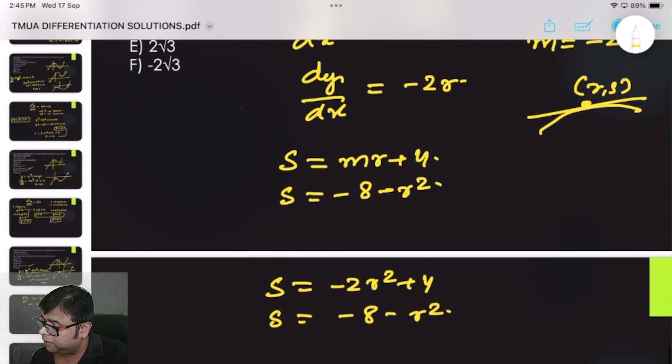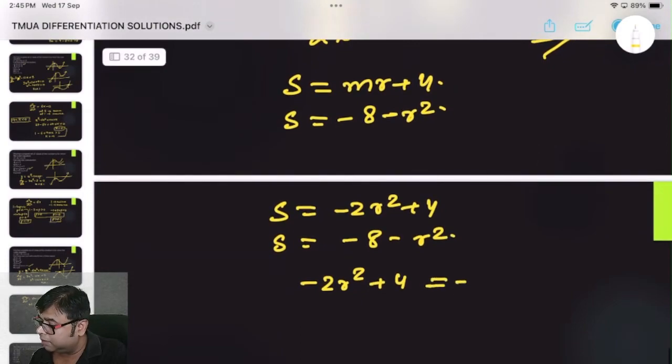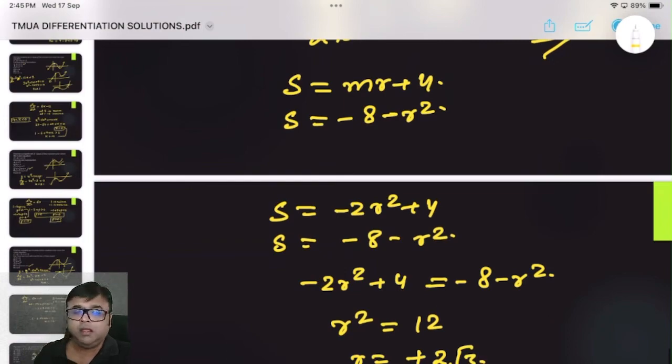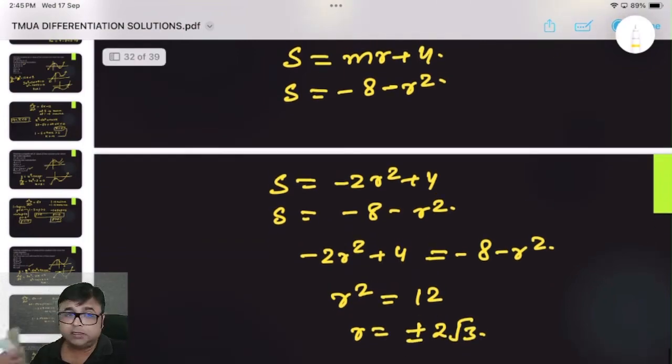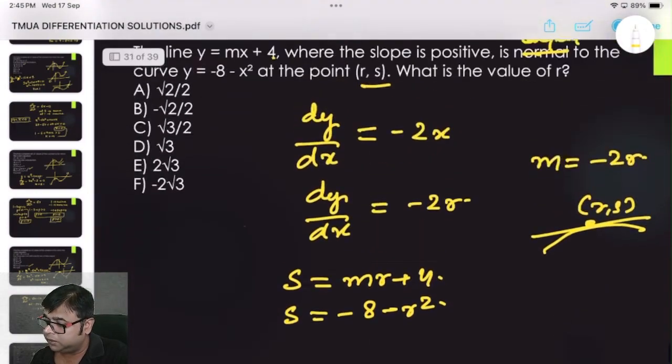Now if I equate the s values, minus 2r square plus 4 is equal to minus 8 minus r square. So r square will be equal to 12. So r is equal to plus minus 2 root 3. Now, in the beginning it says that the slope is positive and slope is minus 2r. So r has to be minus 2 root 3. So minus 2 root 3 is the correct answer.